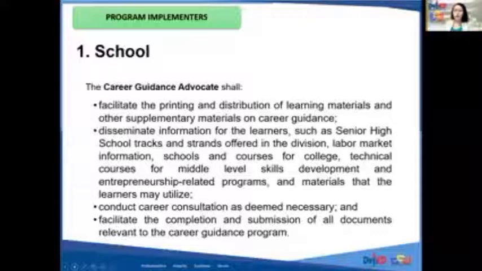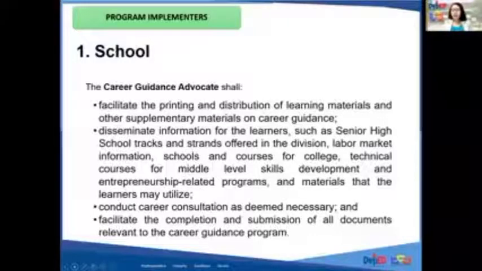And then disseminate information for the learners such as senior high school tracks and strands offered in the division, labor market information, schools and courses for college, technical courses for middle-level skills development, and entrepreneurship-related programs and materials that the learners may utilize. And then they can also conduct the career consultation as deemed necessary and facilitate the completion and submission of all documents relevant to the career guidance program, no?